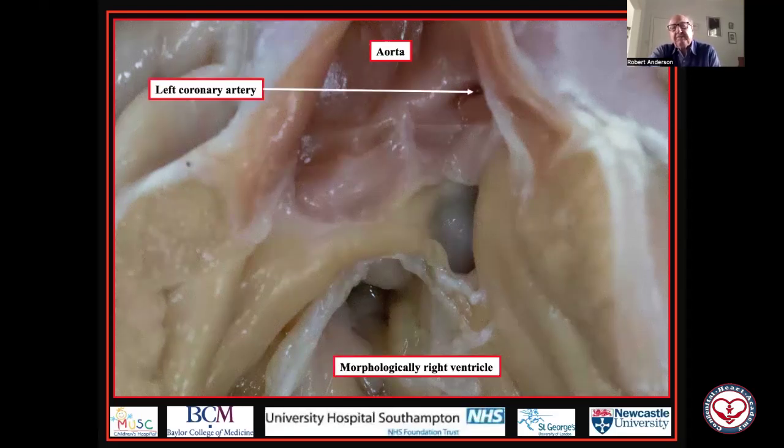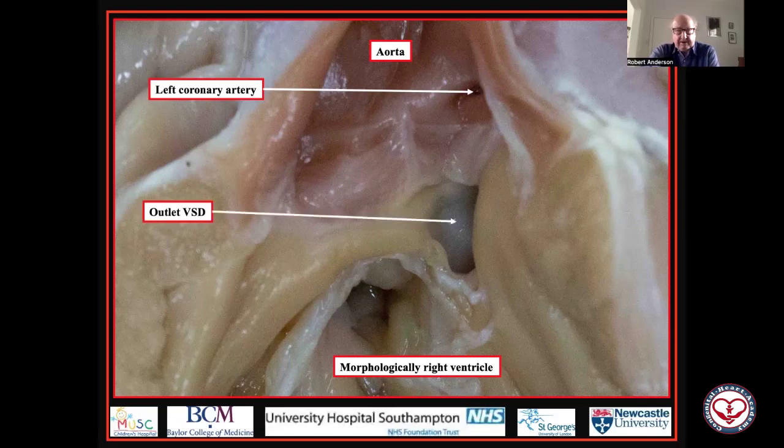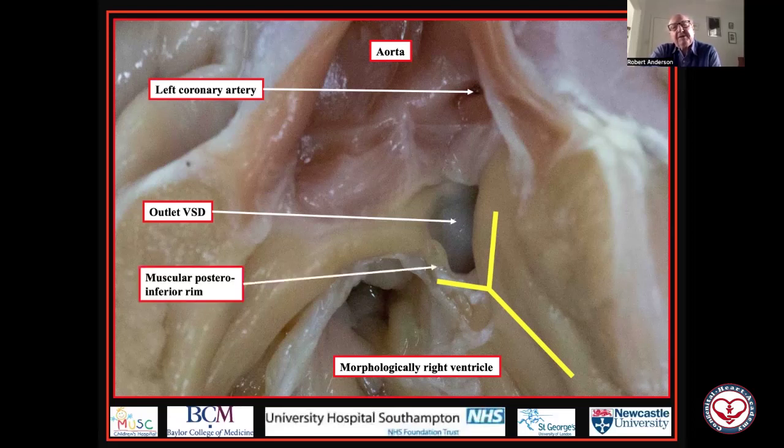There you see it. You can tell it's the aorta because one of its sinuses is giving rise to the left coronary artery. And there is an outlet ventricular septal defect. It is opening to the right ventricle between the limbs of the septomarginal trabeculation. But again, in this heart, there is aortic to mitral fibrous continuity.